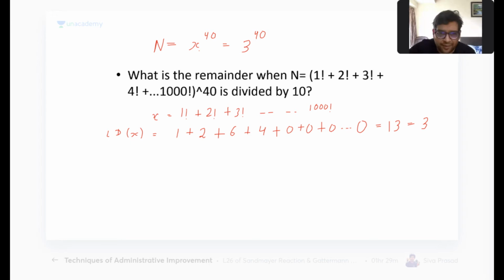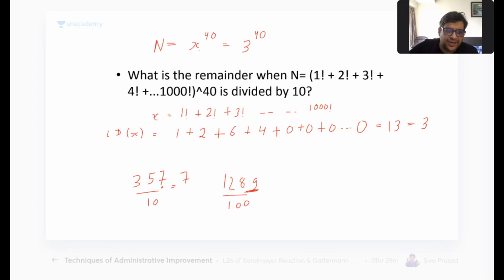One thing which in case is not obvious, let me just clarify that as well. What is the remainder of 357 from 10? It is 7, just the last digit. What is the remainder of 1289 from 100? It will be just the last two digits.